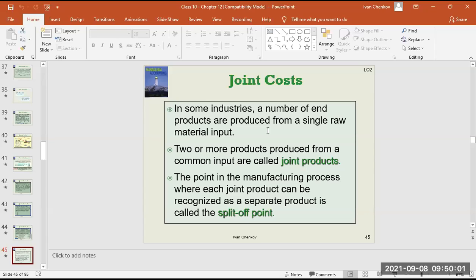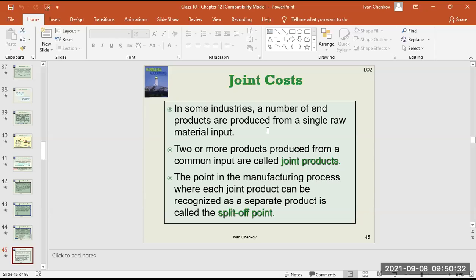That's my normal routine, producing milk. But at some point I decide, okay, milk is boring, so let's produce more products from the milk. Let's go with yogurt, cream, and half and half. So now I have 3 products. Since those 3 products come from the same single raw material, those will be called joint products.